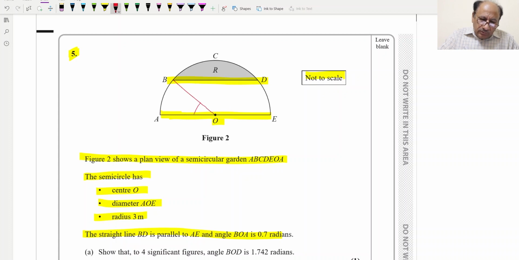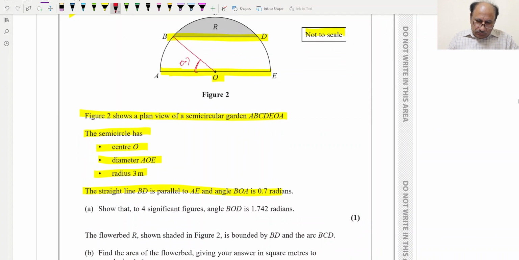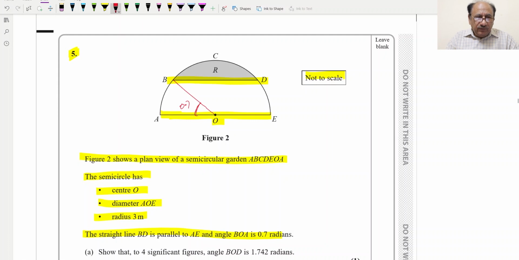This will be 0.7 radian. And similarly, if we join the other side OD, this will also be 0.7 radian.